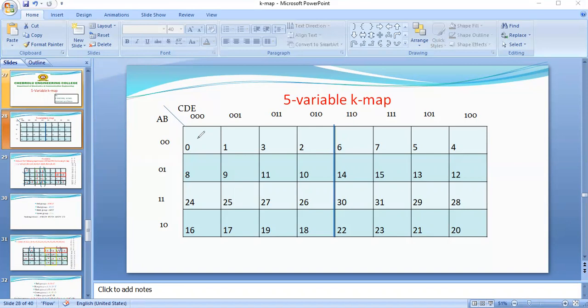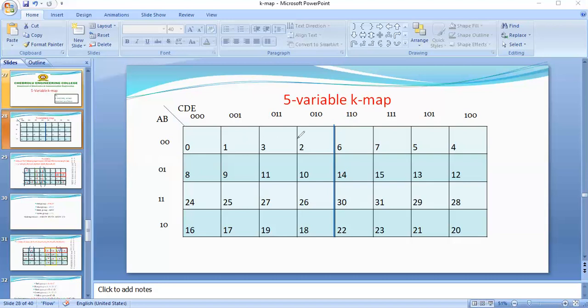See here, I'm taking cell 0. What are the adjacencies for cell 0? Cell 1 is adjacent because these two differ by 1-bit position, and cell 8 is also adjacent for the same reason. In this 4-variable K-map, the corners are also adjacent.